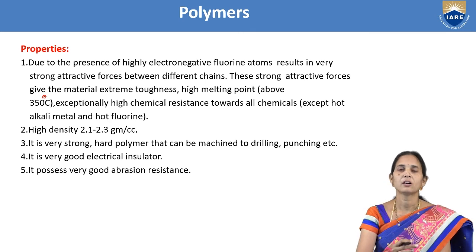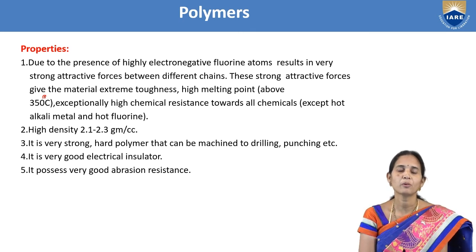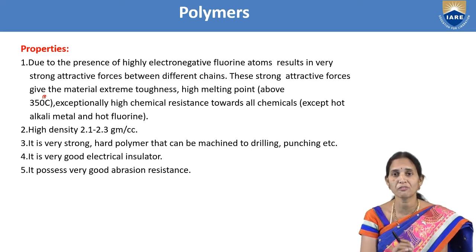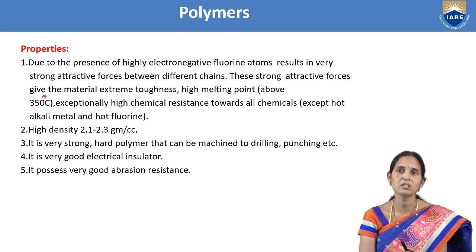So this is a very good property of Teflon, due to the presence of highly electronegative fluorine atoms, which give very strong attractive forces, making the material extremely tough, with a high melting point of 350 degrees centigrade and a high density of 2.1 to 2.3 grams per cubic centimeter.